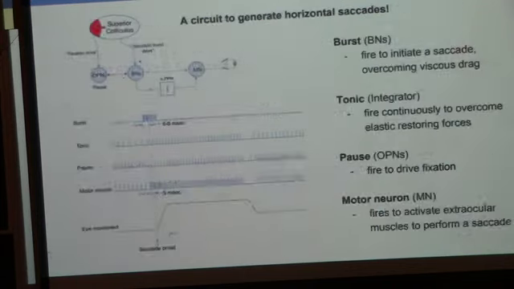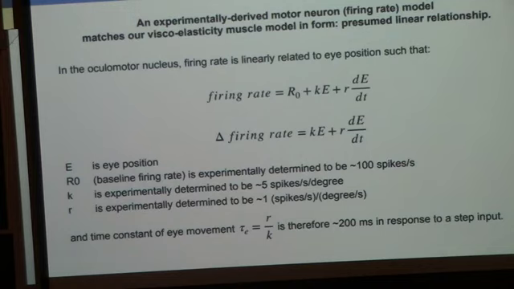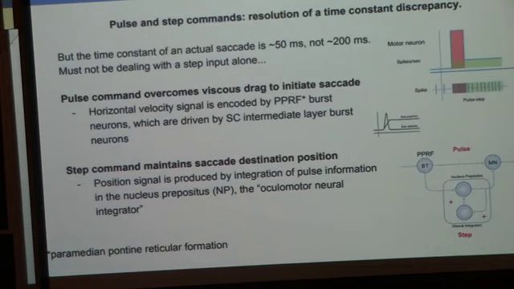Essentially, now we know that the model says 200 milliseconds is the time constant for a saccade, which is basically an eye movement. How do we account for the fact that in actuality a saccade should only take 50 milliseconds? To do that, you say, I don't just have a step input. I might be having a pulse input.